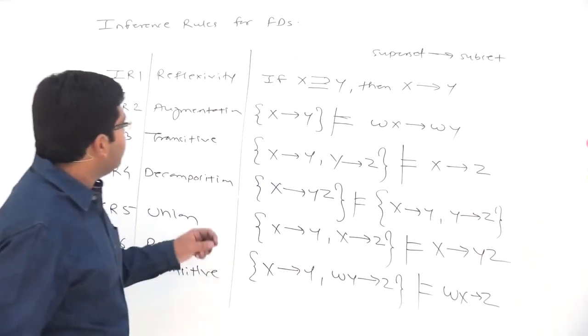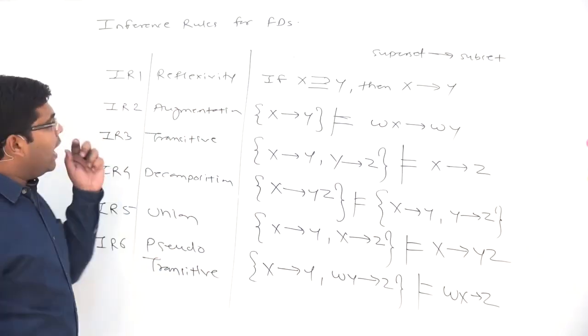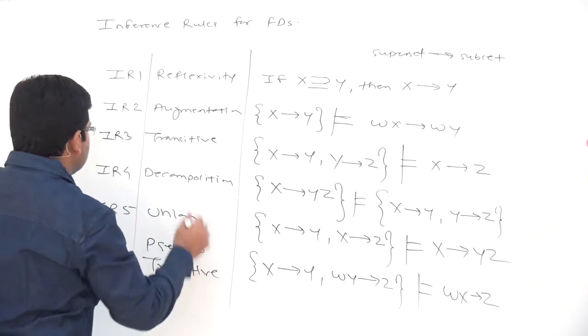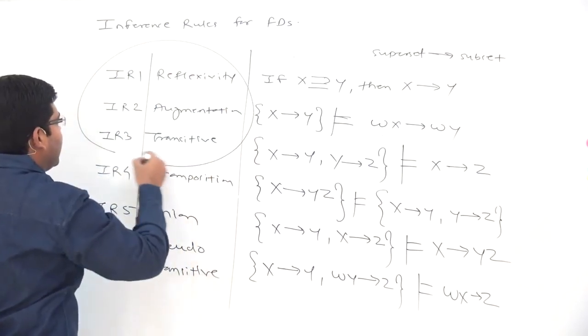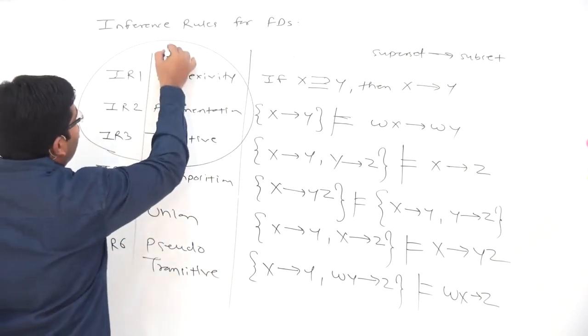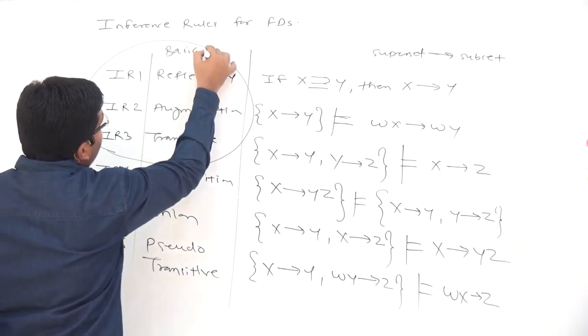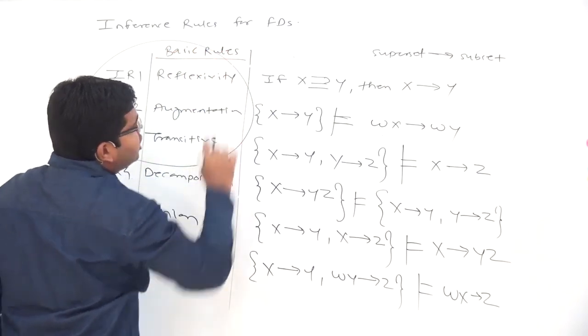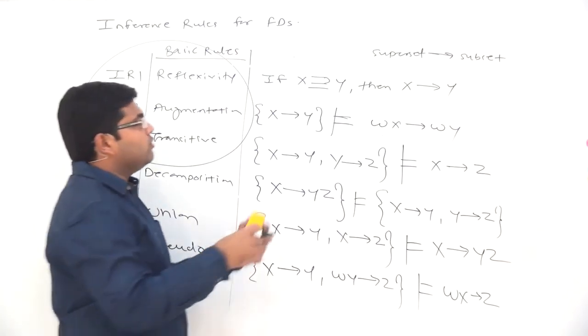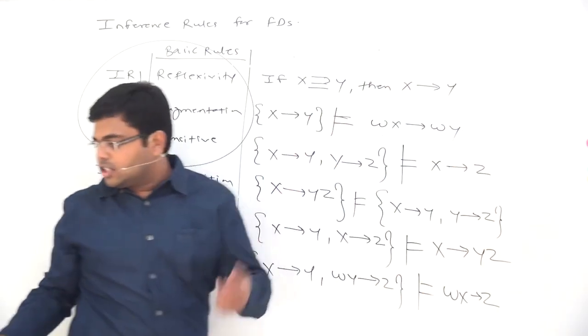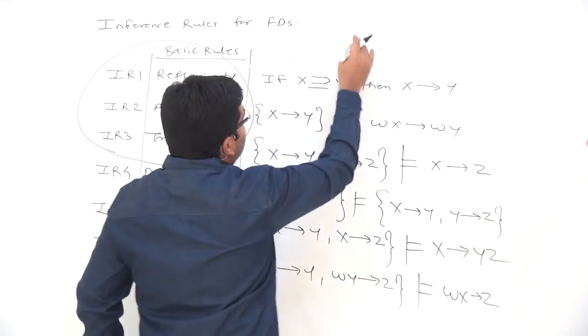You need to remember all these rules very well. Among these six rules, IR1, IR2 and IR3 are basic rules, and these are called Armstrong's inferences because they were first given by Armstrong.